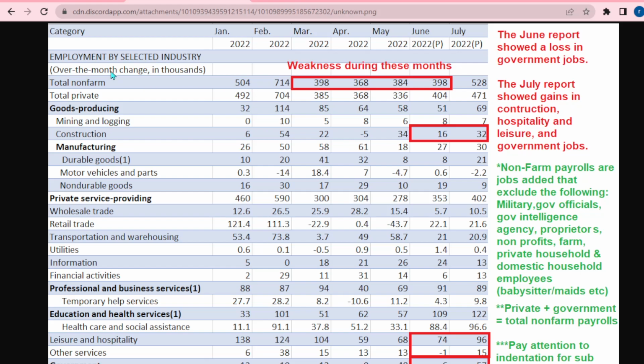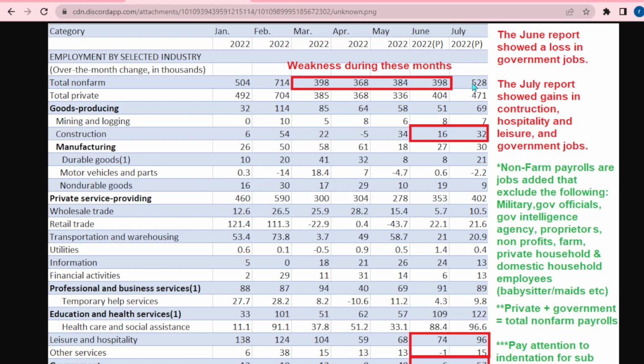Keep in mind, these numbers are in thousands. So here in February, we had 714,000, and then immediately the next month, we had 398,000 jobs added. So we were adding less jobs the minute that interest rates did come into play. So I do find that kind of interesting right there.